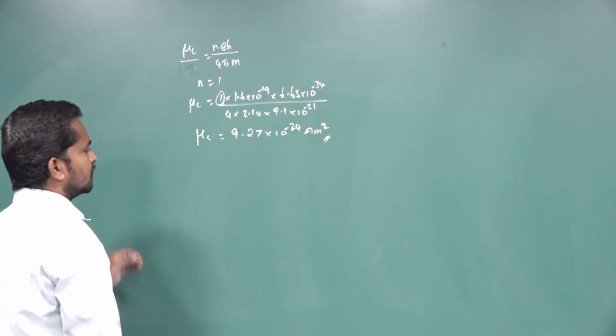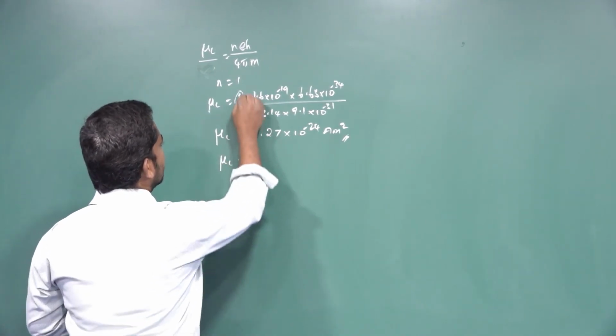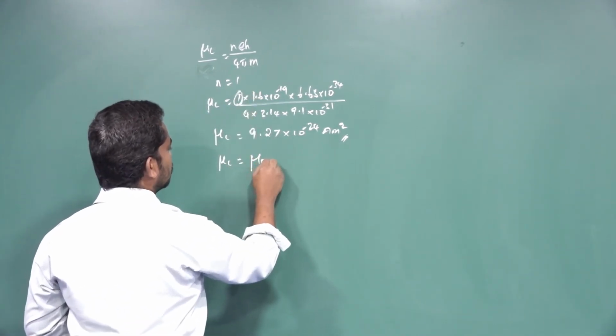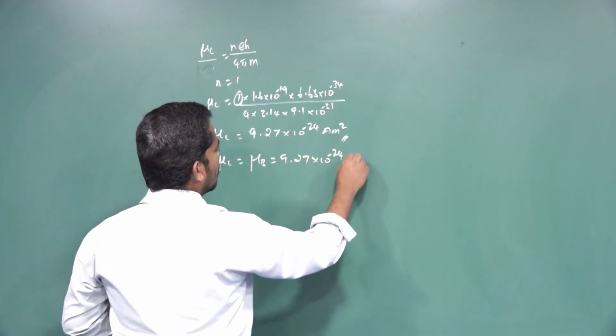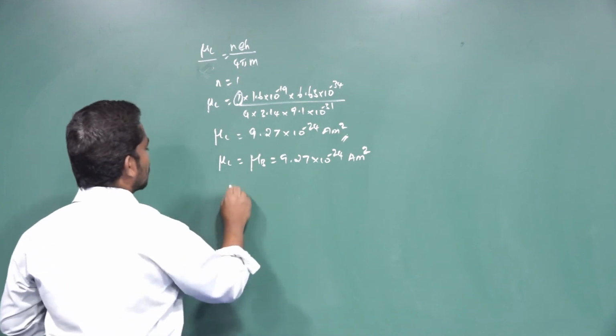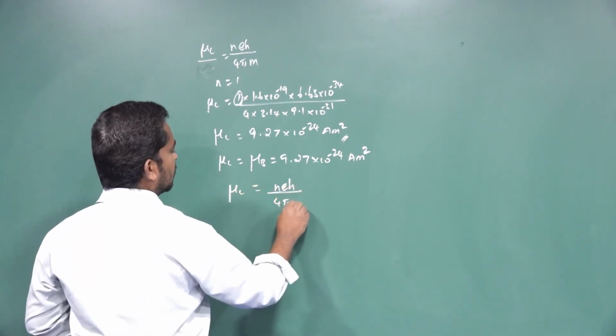This is the least dipole moment of a revolving electron. Mu L for n equal to 1 is equal to mu B, 9.27 into 10 power minus 24 ampere meter square. See, mu L is equal to n e h divided by 4 pi m.